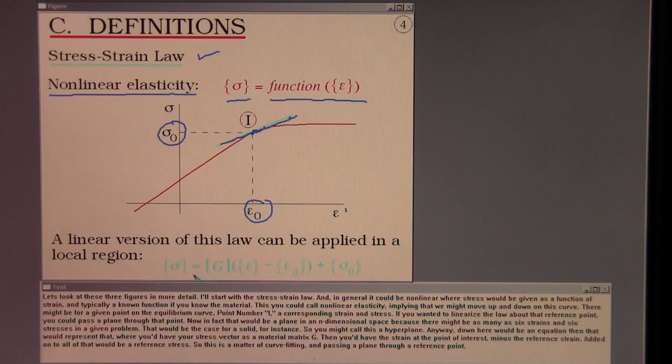Anyway, down here would be an equation that represents that, where you'd have your stress vector as a material matrix G times the strain at the point of interest minus the reference strain. Added on to all of that would be a reference stress. So this is a matter of curve fitting and passing a plane through a reference point.